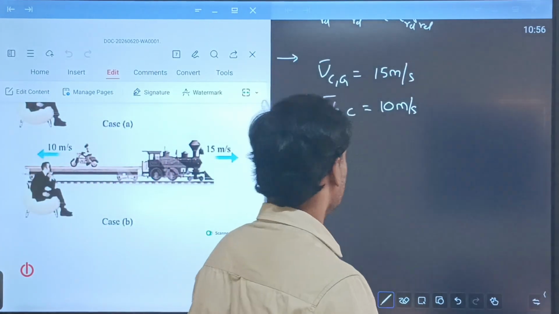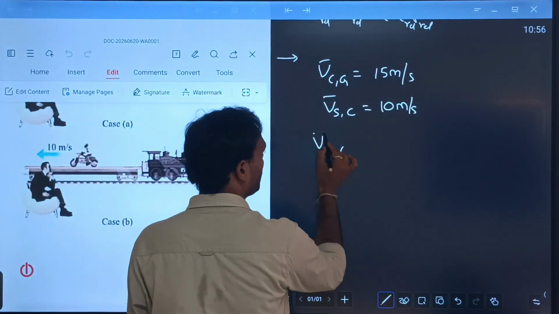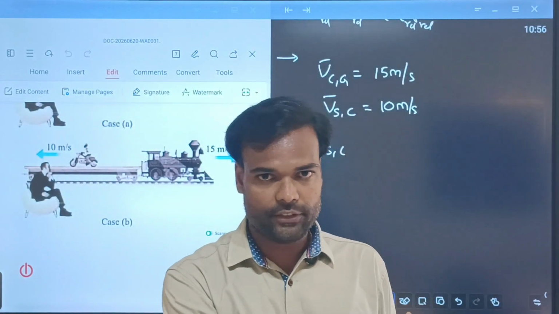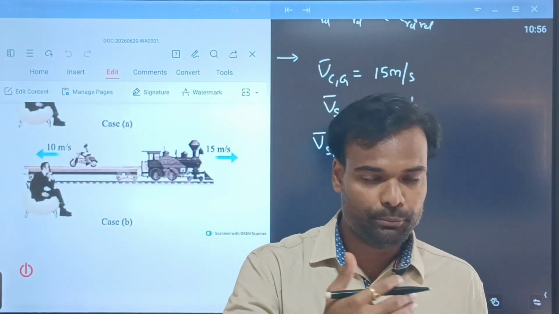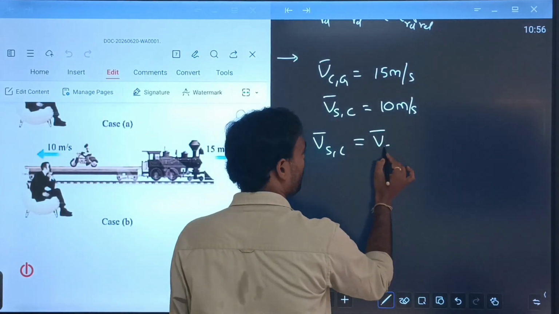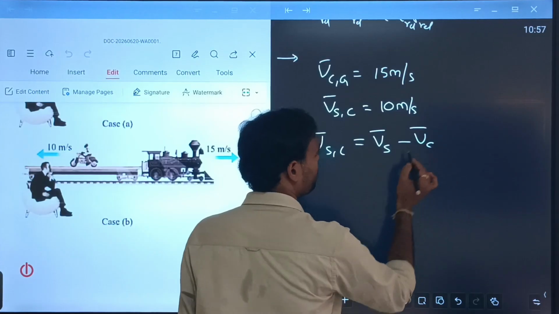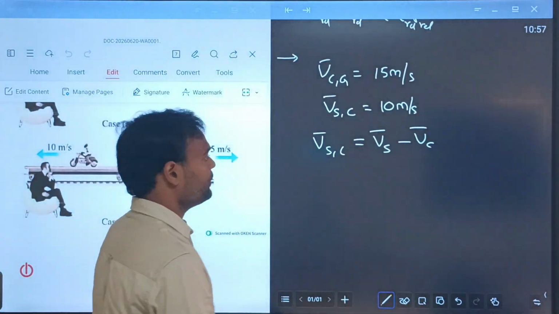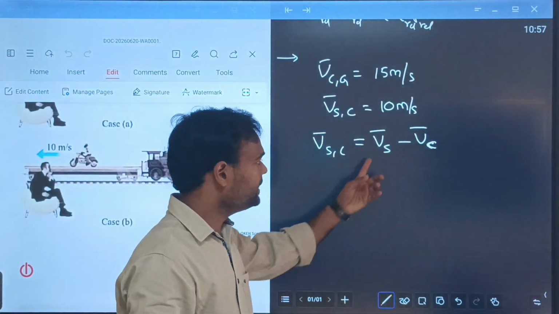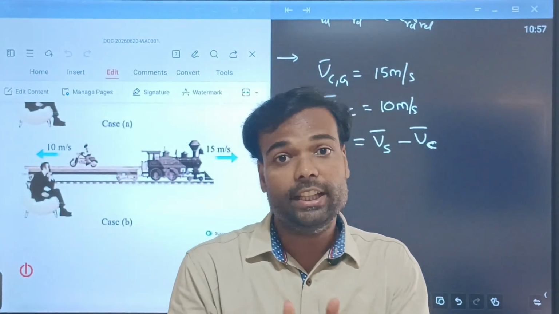Got my point? Now, as per our concept, velocity of the object with respect to the observer is equal to the velocity of the object minus the velocity of the observer. Whenever I write only one term here, it means the observer is on the ground.